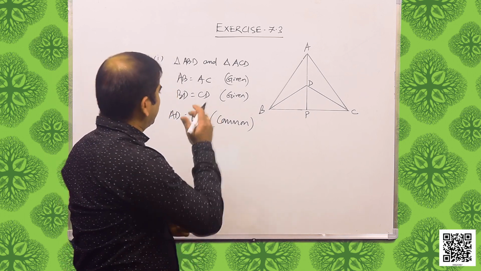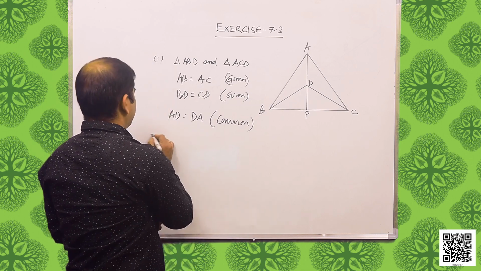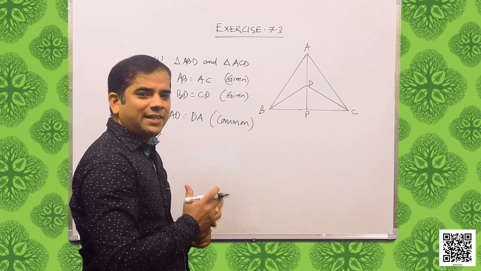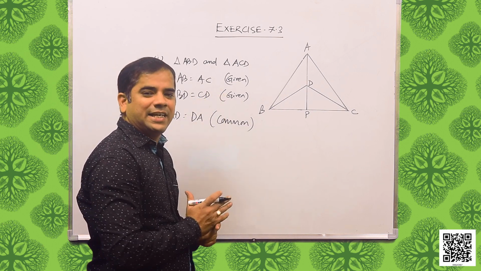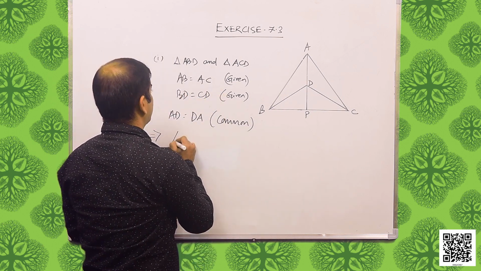Now, from these three, what we have got? We have three sides that are equal to each other. That implies triangle ABD and triangle ACD are congruent following the SSS rule of congruency.